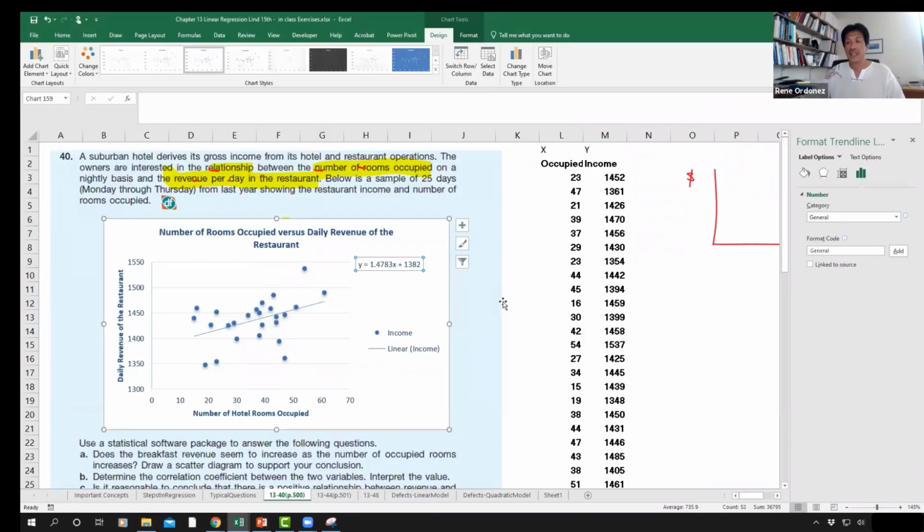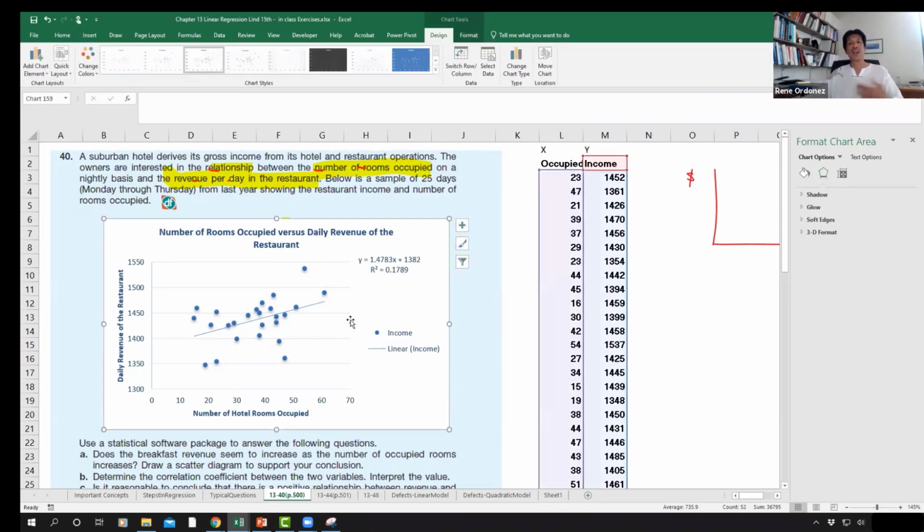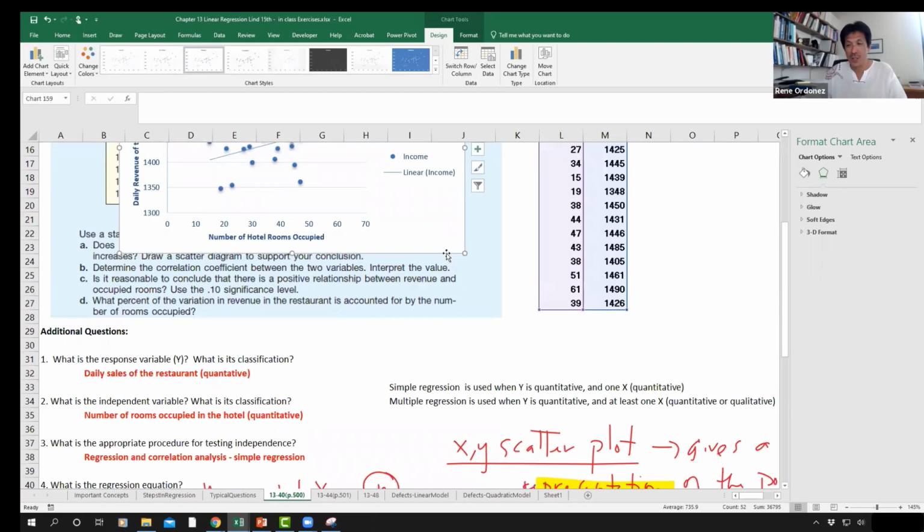Okay? All right. Let me go back here, the trend line. So we ask Excel to display the equation on the chart. We can also ask Excel to display the R-squared value, right over here. And maybe that's it. So let me move this down closer to the questions.